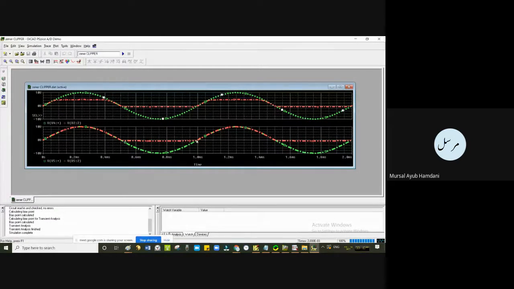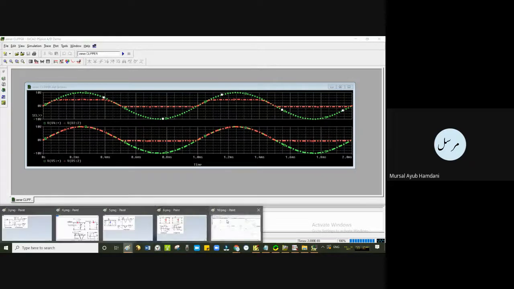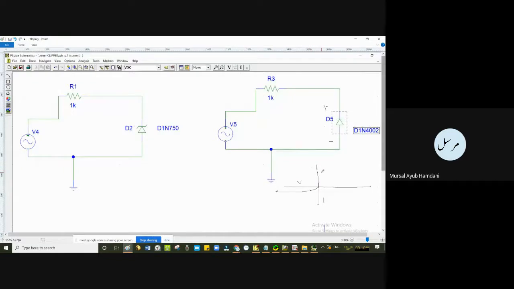While as in the negative cycle, what will happen? Negative here, positive here. So this means short circuit.